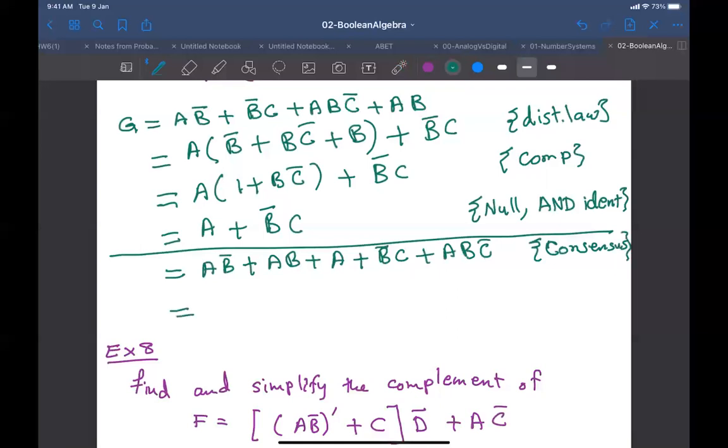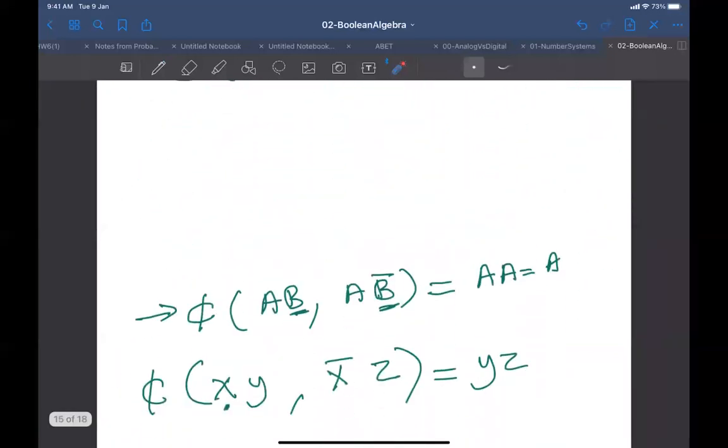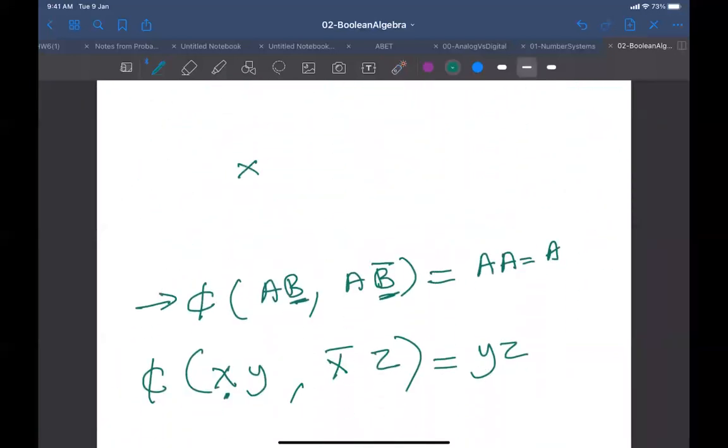Now we use the absorption law, okay? How many times do we use it? Absorption law: this with this, this with this, and this with this. And they all go away. So remember, the absorption law is what? It says x ORed with xy is x, right?